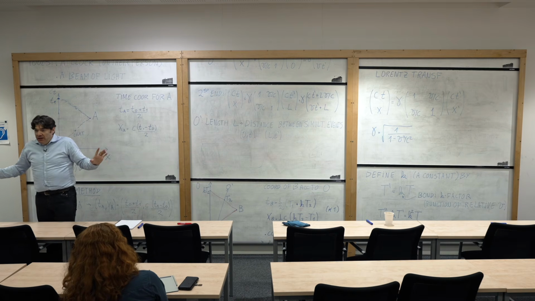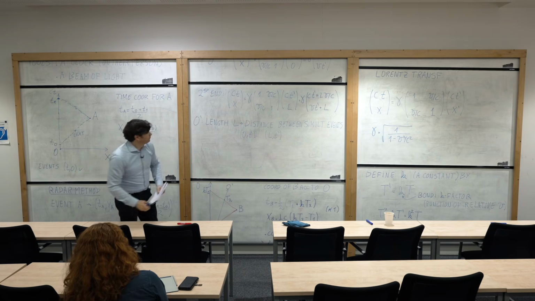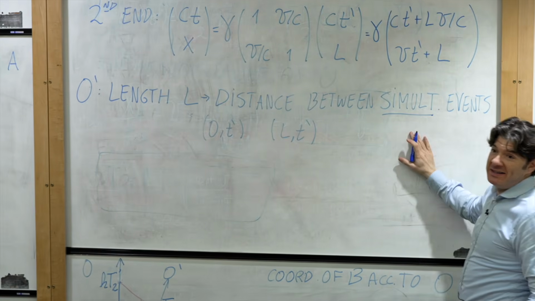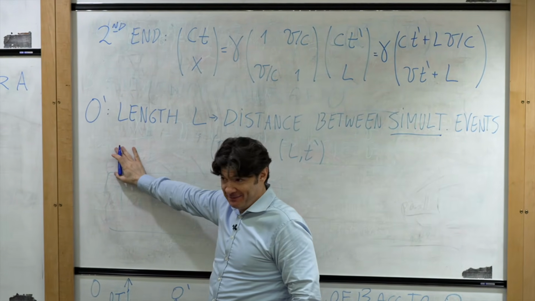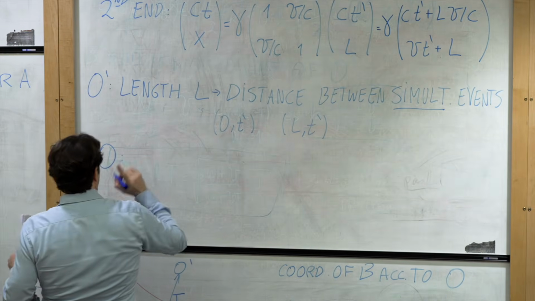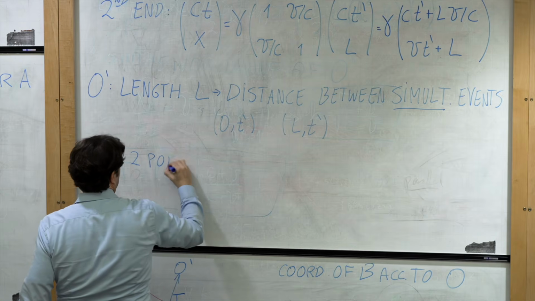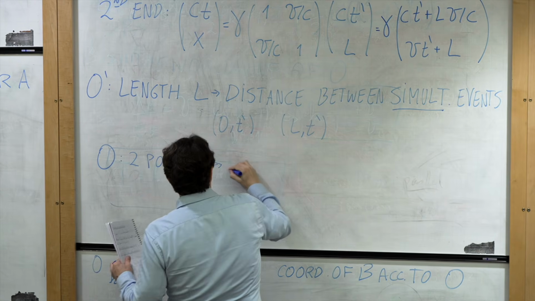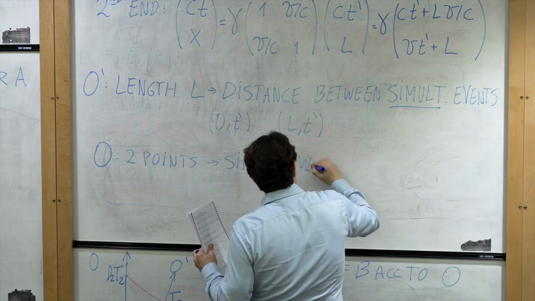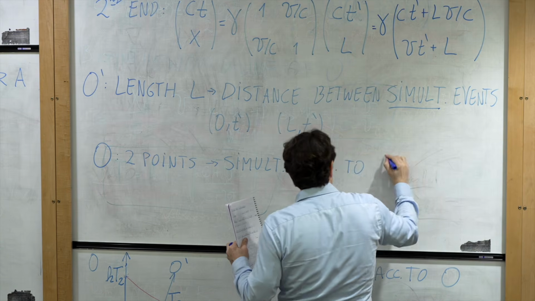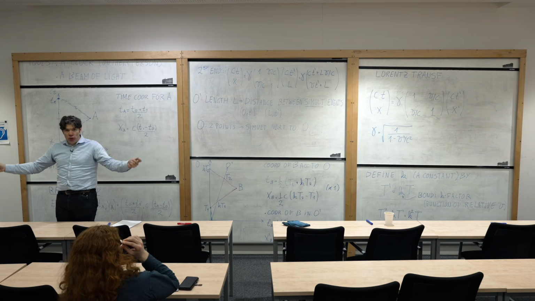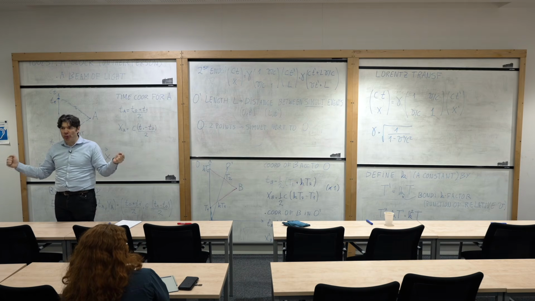Now, when it comes to O, the important point here is that simultaneous is with respect to O prime. Now O will look for two points which are simultaneous with respect to O. So the definition of length for O prime is that the two events have to be simultaneous in O prime.